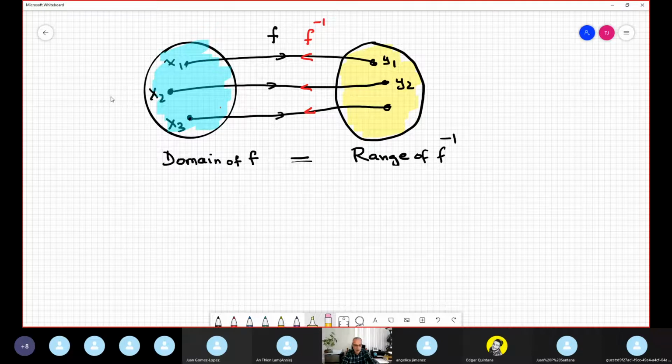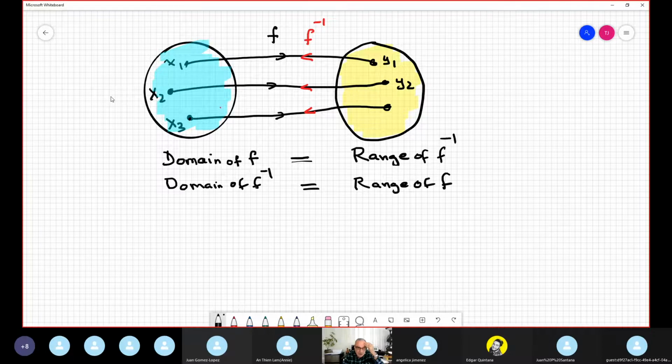Es sinónimo to say que in opposite direction, domain of the inverse, the yellow, is equal to the range of the original function. Okay, keep in mind this.